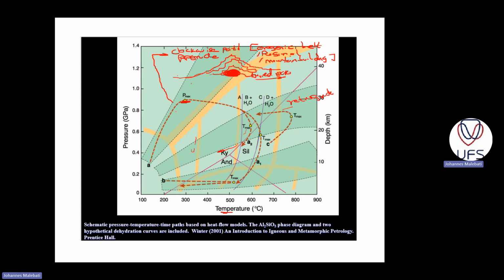So please, in the exam, you must be able to explain this path. Now the minerals and facies that we expect along path A: in the prograde, we expect the chlorite, the garnet, the staurolite, the kyanite, the sillimanite, right?